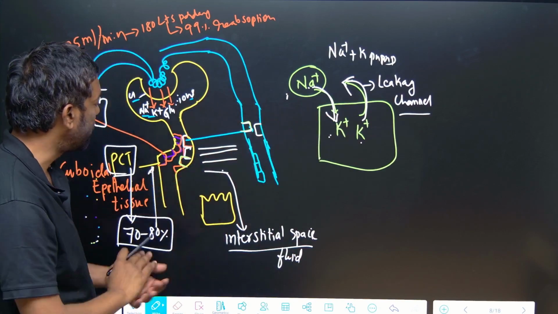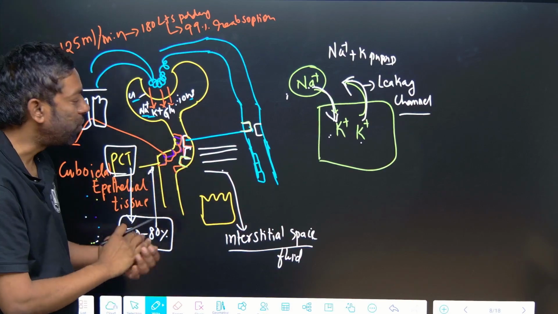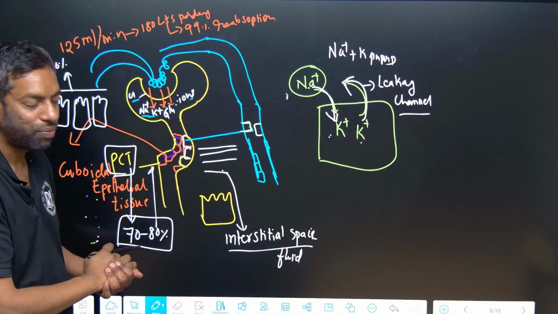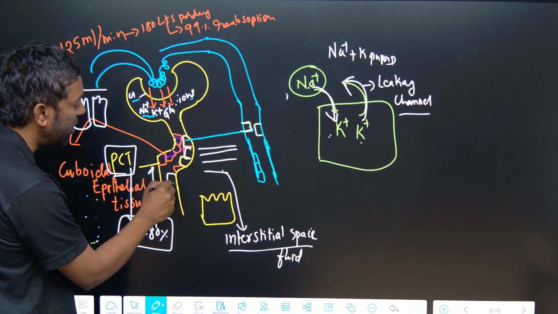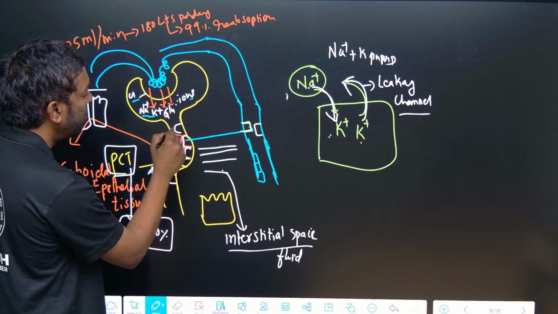Absorption takes place in the cuboidal epithelial tissue. Sodium comes into this cell, and from the interstitial fluid sodium enters the capillary network.